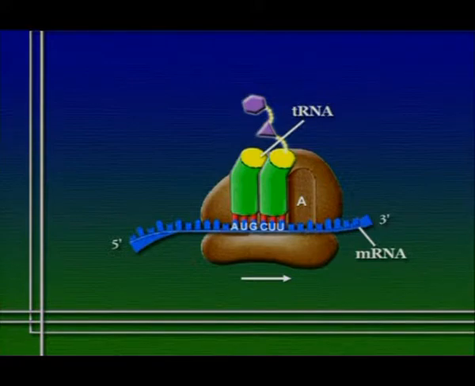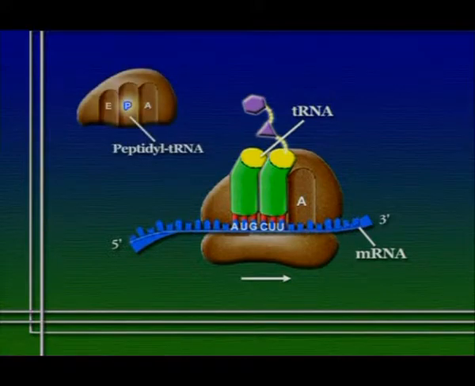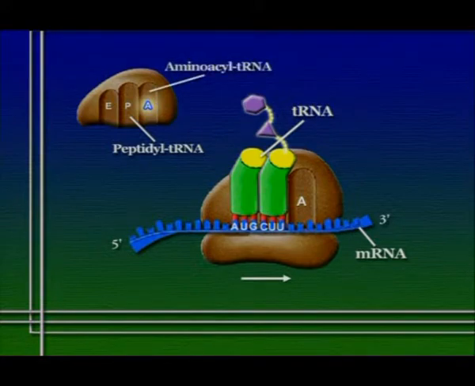This is where the names come from, by the way, because the P there stands for peptidyl tRNA, because now this tRNA has more than just one amino acid. It actually has a peptide associated with it, whereas the tRNA that will come into the A site will only have one amino acid associated with it, so we call that an aminoacyl tRNA.